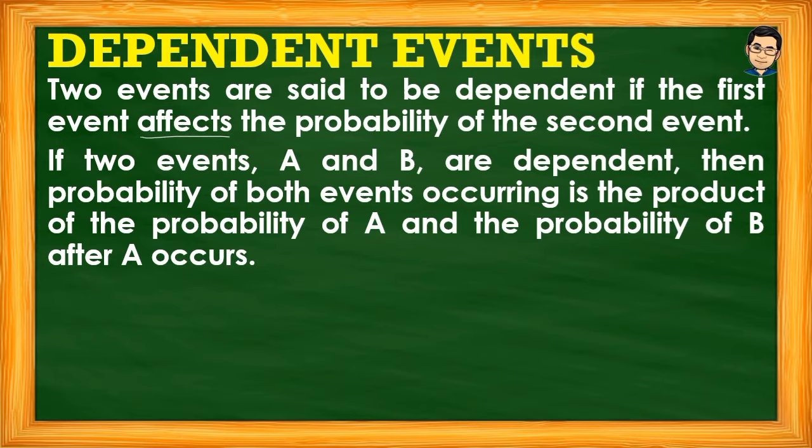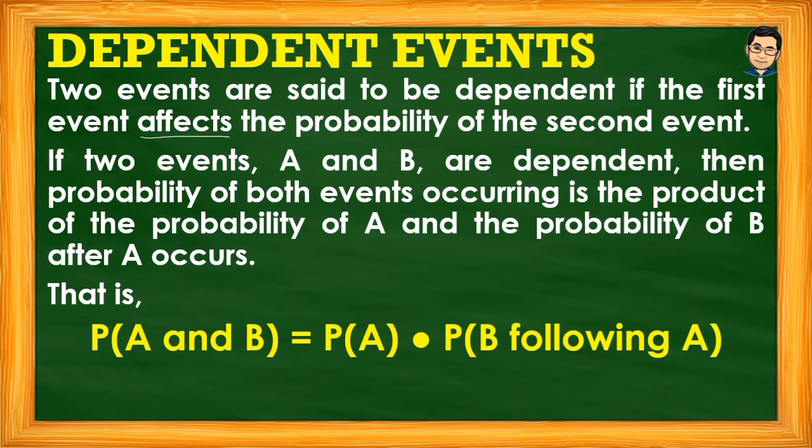Okay, so, ang ibig sabihin lang po niyan, halimbawa, yung jar kanina, di ba? So, kung yung unang bola na binunot natin, hindi na natin siya isinoli, so, yung 15 na bola na yun, magiging 14 na lang. So, it means makaka-apekto yung probability nung second event dun sa result ng first event. So, kasi 15, tas binawasan natin, nagiging 14.